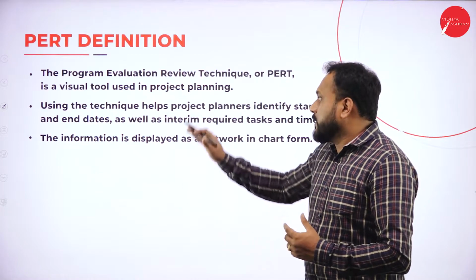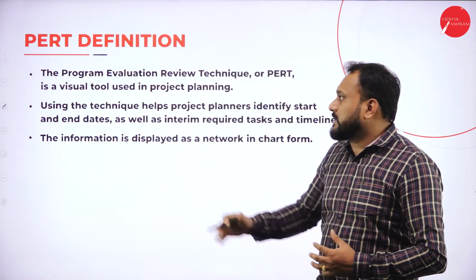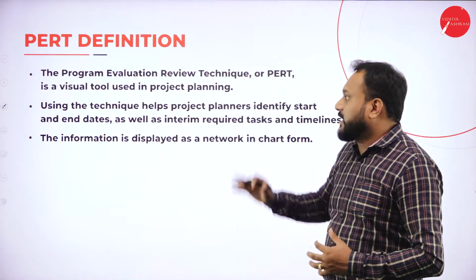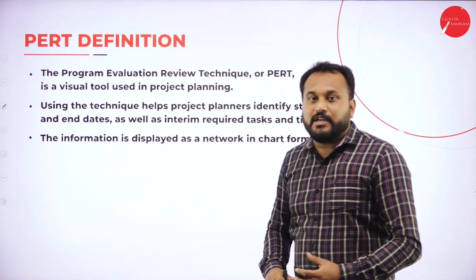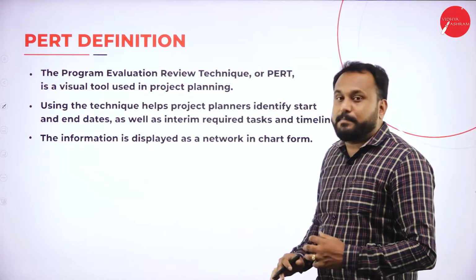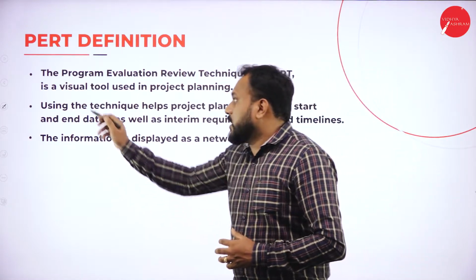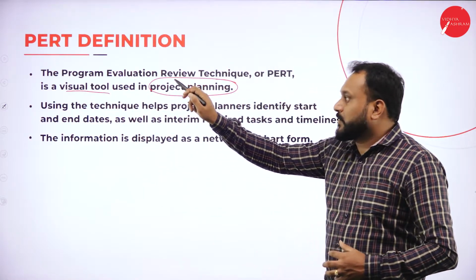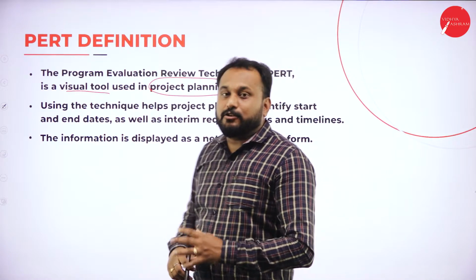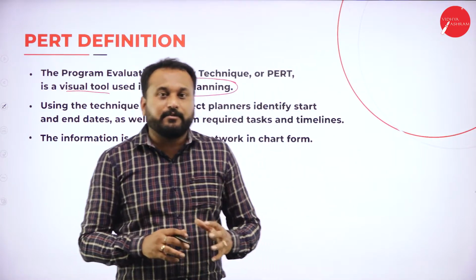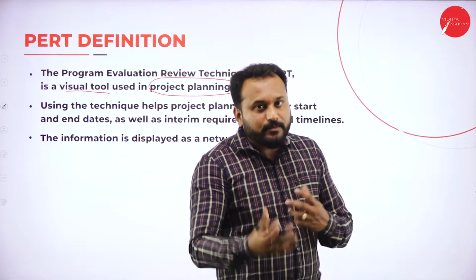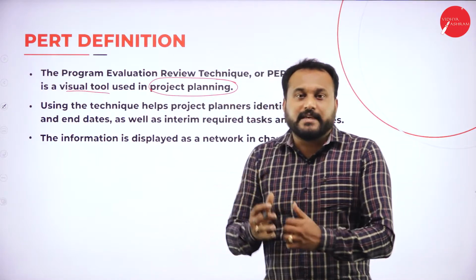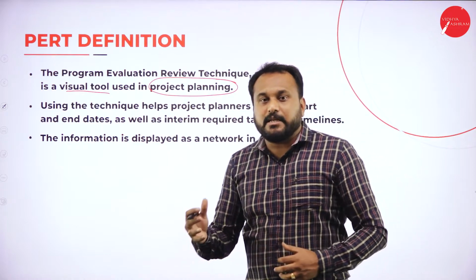P stands for program, E is evaluation, R is review, and T is technique. So it is Program Evaluation Review Technique, or PERT, a visual tool used in project planning. PERT is very useful here because many people, when they go for any kind of evaluation or decide what project we are supposed to do first, second and third, they use PERT.